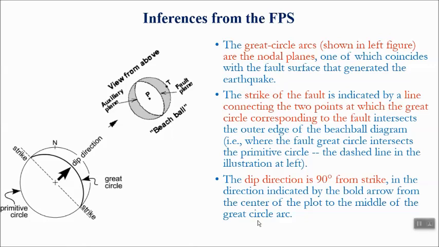Now what we see here is that the FPS gives us the fault planes, the auxiliary planes, and the axes. So this T, P and N axes, that is the tensile, compressive, and the normal axes, can be plotted in this particular beach ball diagram, and from this beach ball diagram we can get an understanding of the orientation of the fault plane.